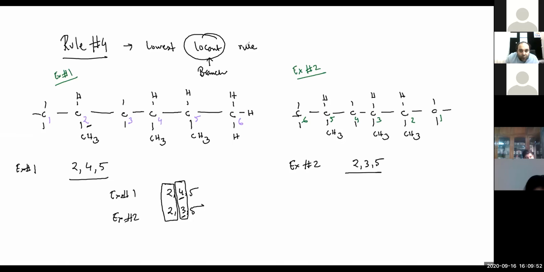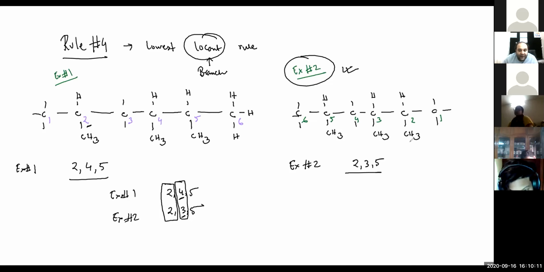The lowest locant rule or lowest branch combination, example 1 naki example 2? 2. Example 2, তার মানে this is your proper way of numbering, so you'll start numbering from the right hand side.